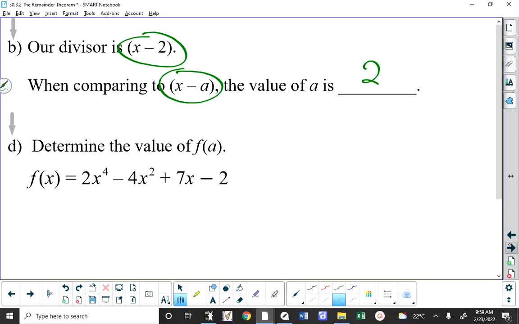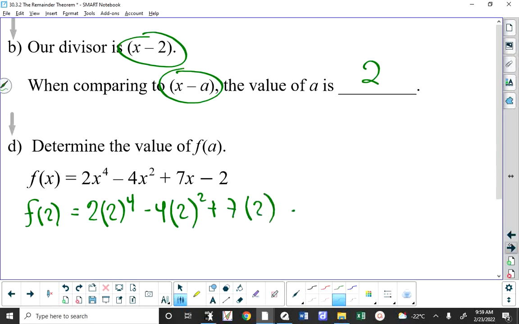Let's now, and I understand there's no C. Those arrows are for me to be reminded to fix my note package. Let's find f of A. Well, if A is 2, you have to find f of 2. That's 2 times 2 to the 4 minus 4 times 2 squared plus 7 times 2 minus 2. And I would like everybody to calculate that, please.